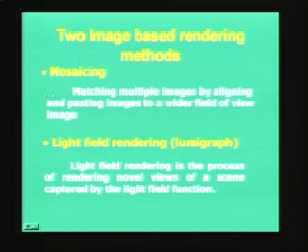You can visualize as if you have a point u1 v1 at the near plane and a point u2 v2 at the far plane, and there is a vector which connects these two to simulate your light ray, and that is what you vary to simulate the effect of light field rendering. So, these are the two methods we commonly use, but there are other methods used in image based rendering also.